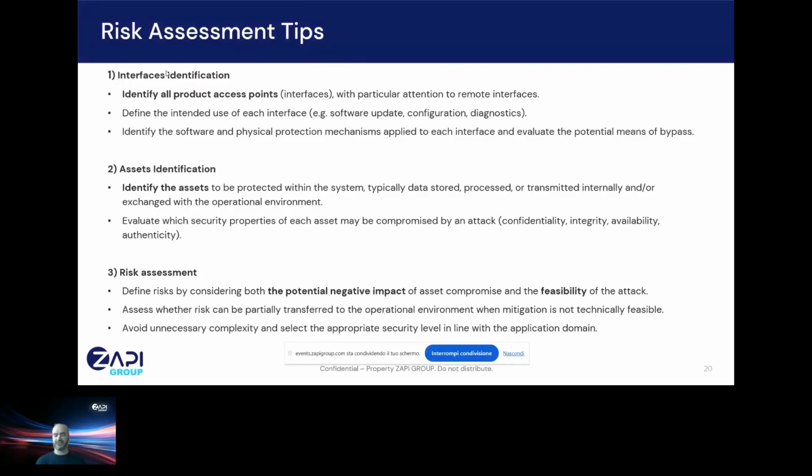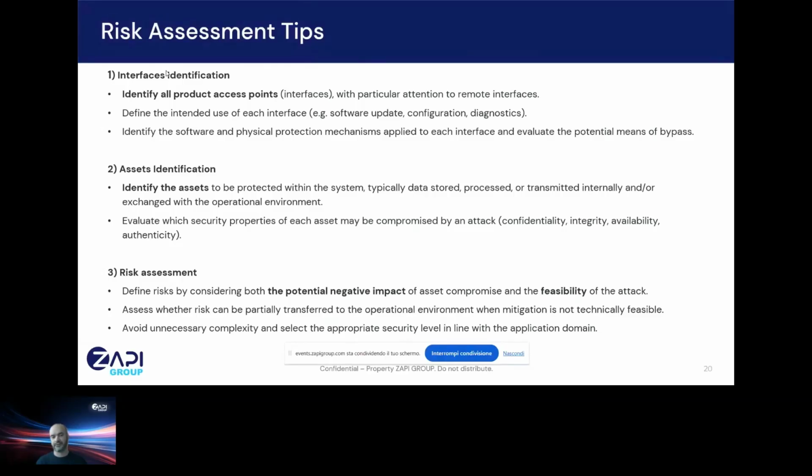Once the interfaces are defined, the next step is to identify the assets that, in the case of the vehicle, are typically associated with some data that are transmitted or stored in the CPU and that need to be protected.